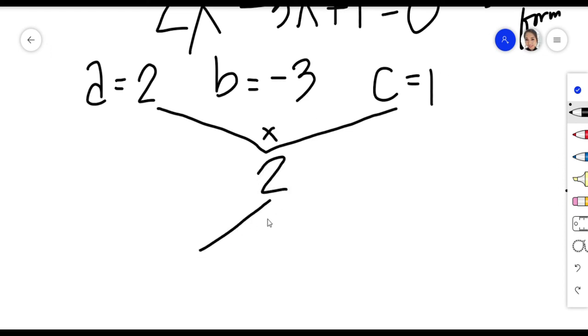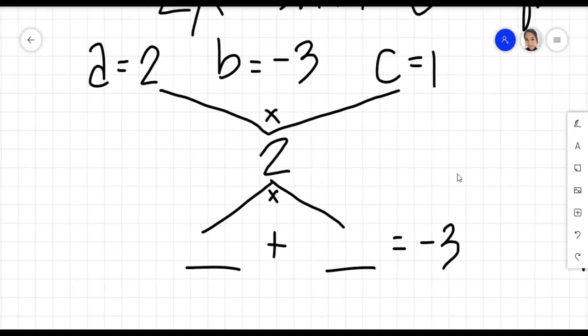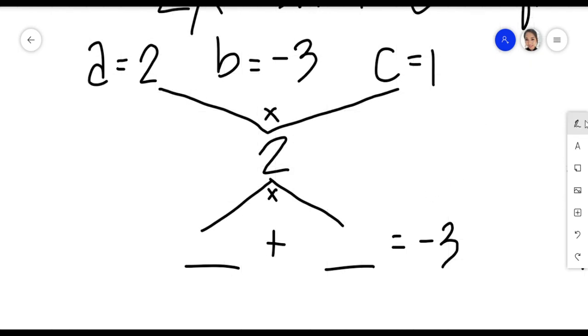And then find two numbers that multiply to this, and if we add them, the result is our B, which is negative 3. So what do you think are the two numbers? These two numbers are negative 2 and negative 1.